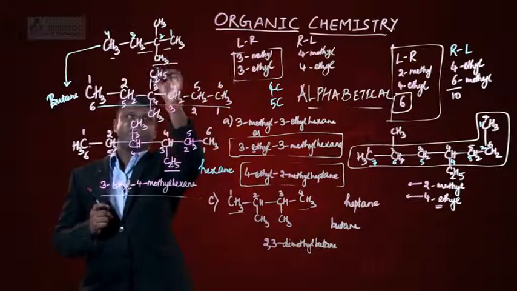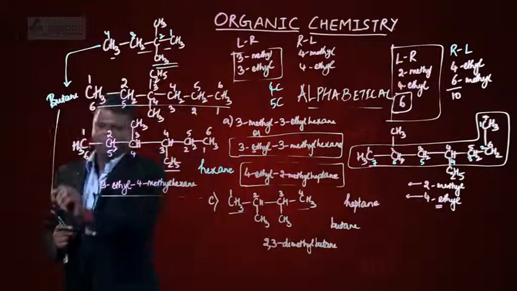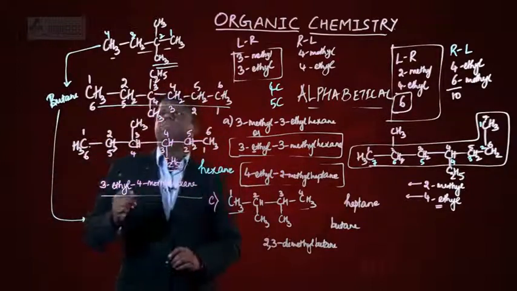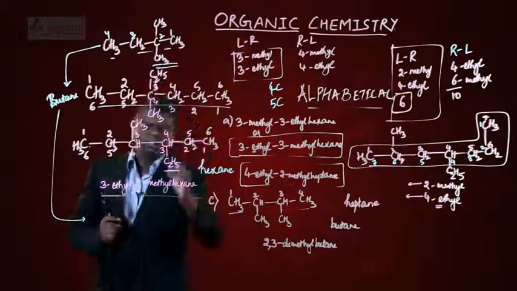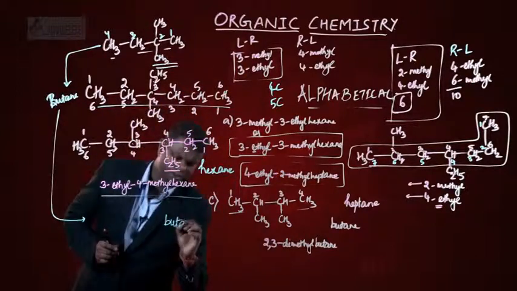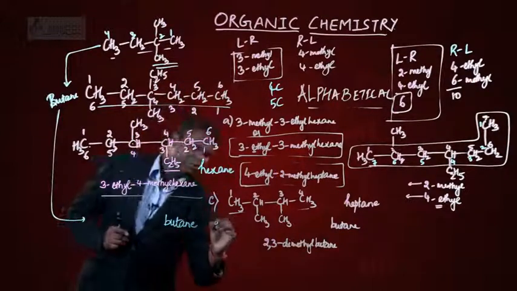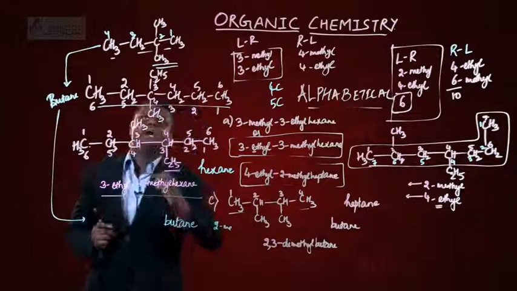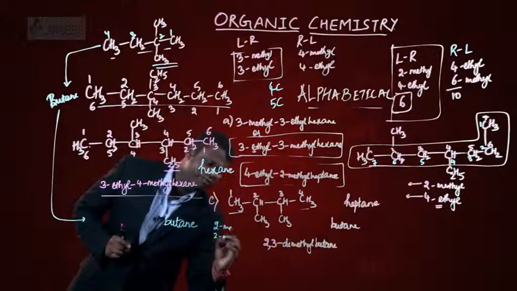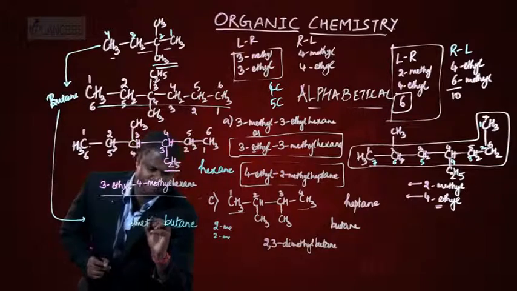So what exactly are you going to do here now? Let me write the name at the bottom. You have 4 carbon atoms, so BUT, all single bonds, so you have ANE. You have 2 substituents. At position 2 you have a methyl group, at position 2 you have another methyl group. So that means it is going to be dimethyl.